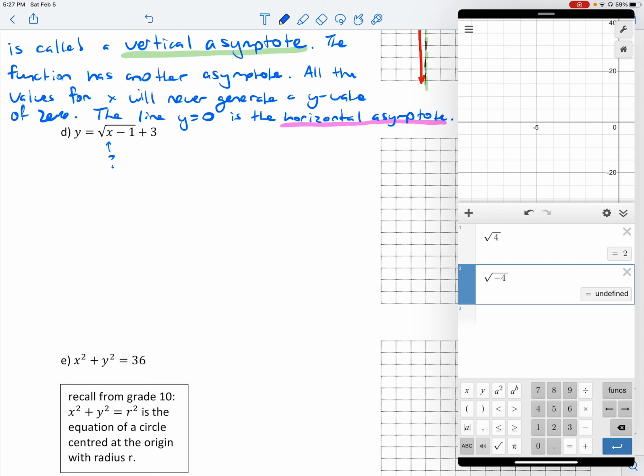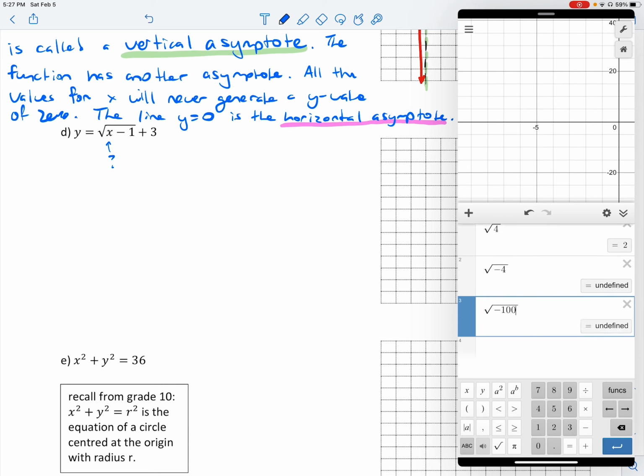The square root of -4 would need 2 numbers that are the same and multiply together to give -4. There are no 2 same numbers that multiply to give a negative. -2 times -2 is +4, not -4. So we cannot take the square root of any negative numbers. Just to show another one, -100 is also undefined.